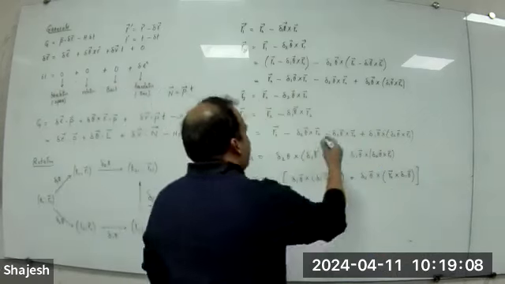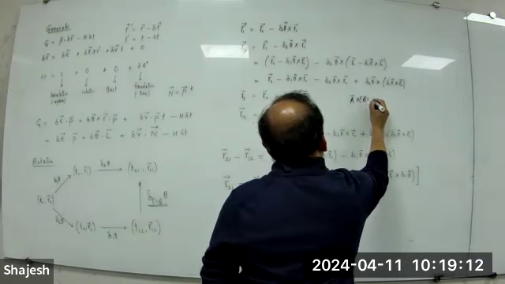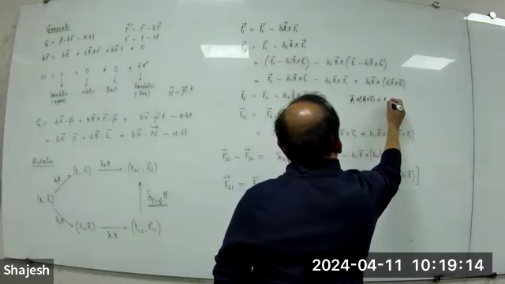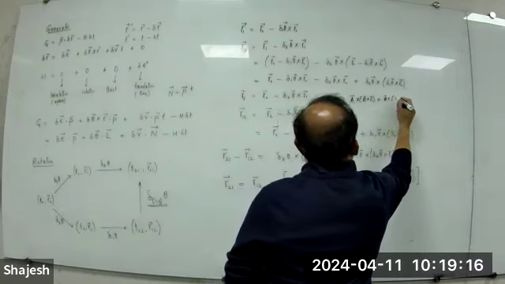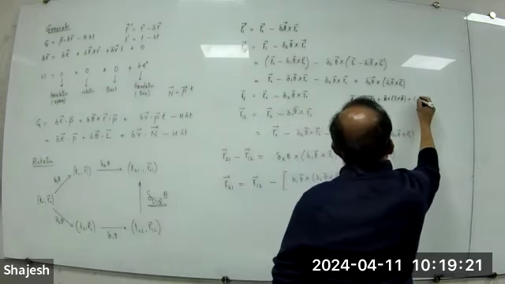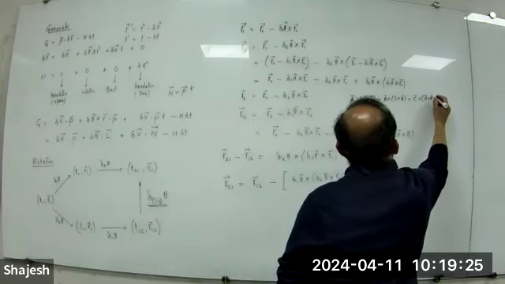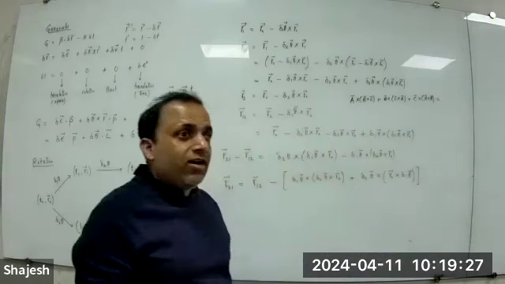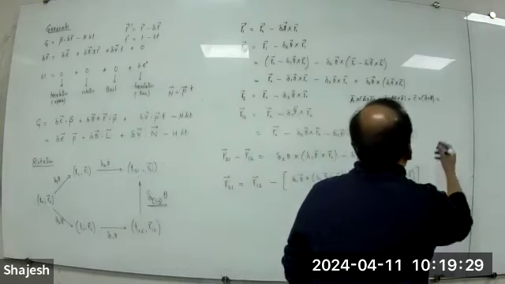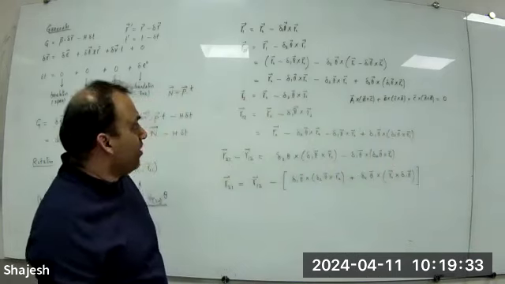Remember, A cross B cross C plus B cross C cross A plus C cross A cross B is equal to? Yeah, very good. That's zero. It's called Jacobi's identity. Very good, right?